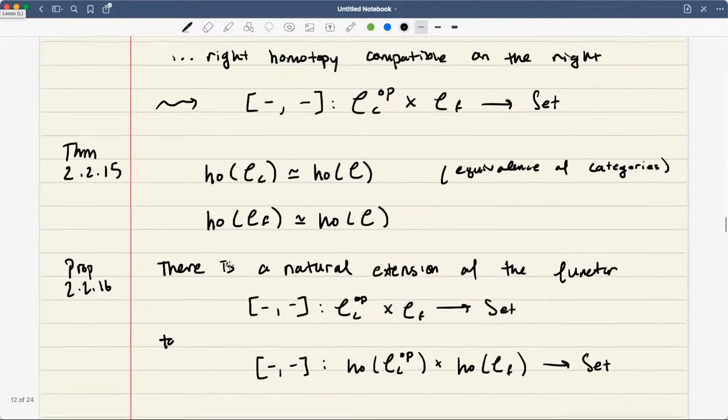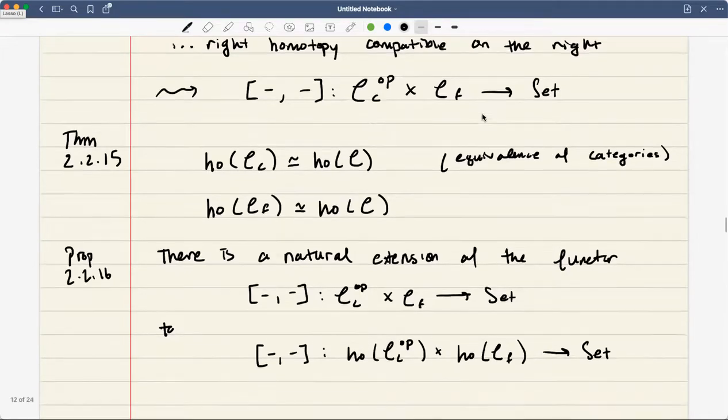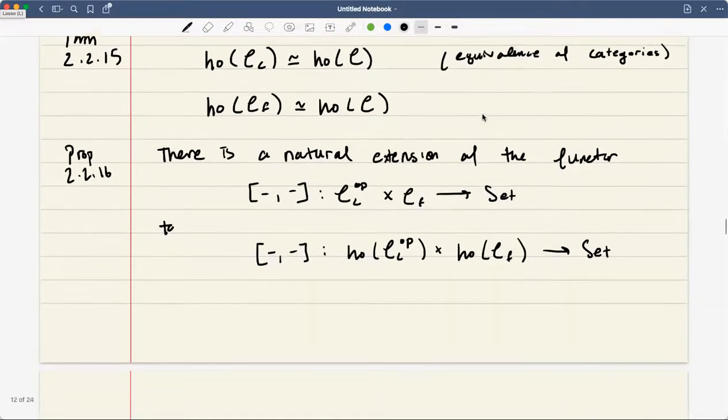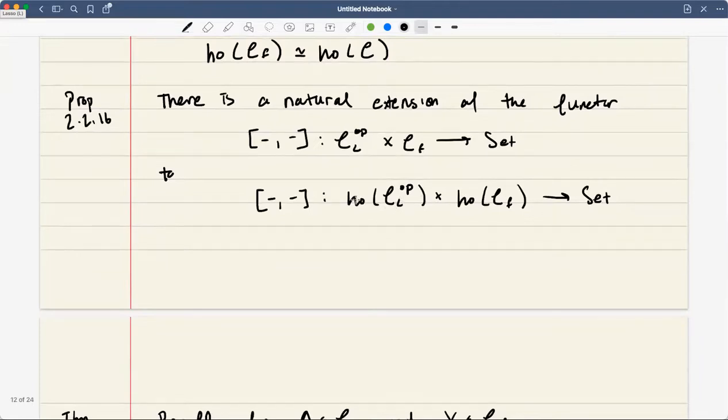So we can extend this functor here, which was taking the Hom sets between cofibrant objects and fibrant objects under left/right homotopy, and we can upgrade it to acting on the homotopy categories.